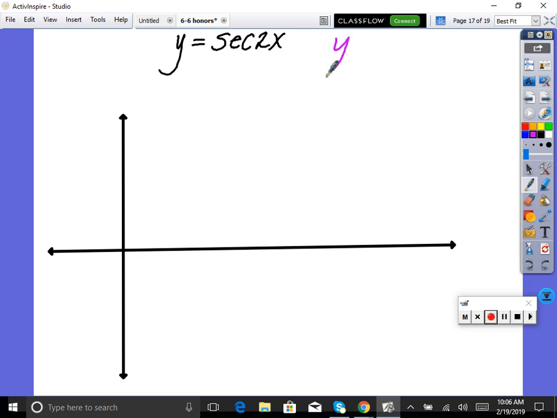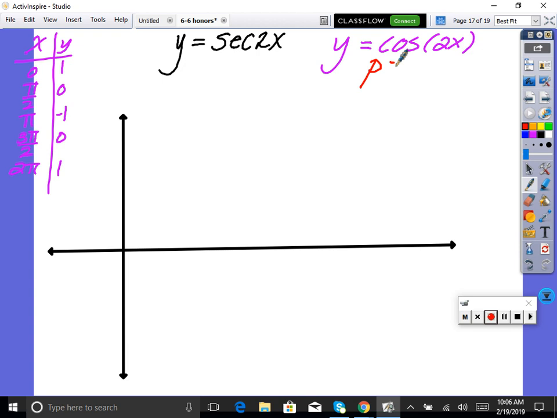So you would go y equals cosine of 2x. Then you would make your xy chart. Cosine is max, 0, min, 0, max. Nothing changed with our amplitude. We've just got to fix our period, which is 2 pi divided by 2, which is pi. So we're going to times these by a half.